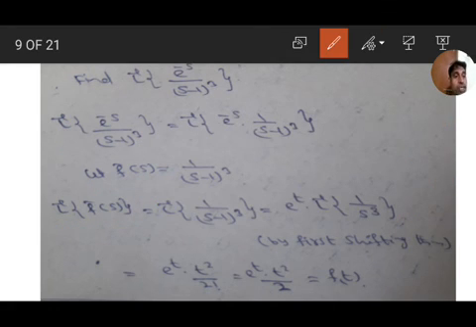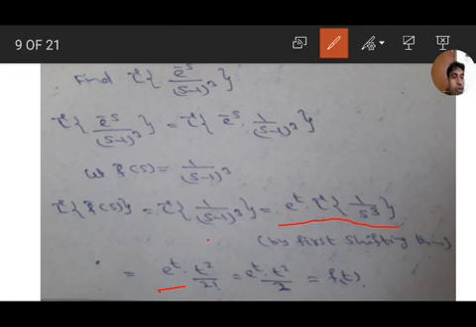So by using the first shifting theorem, we get e to the power of t into L inverse of 1 by s cube. For 1 by s to the power of n, the formula is t to the power of n minus 1 by n minus 1 factorial, n equal to 3 here.